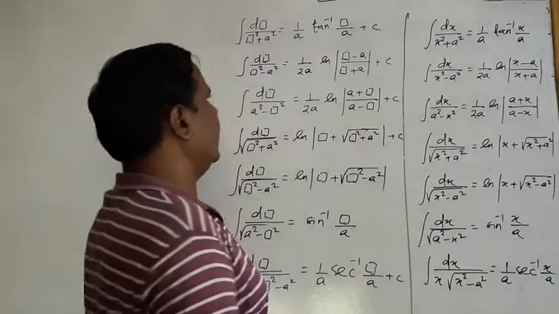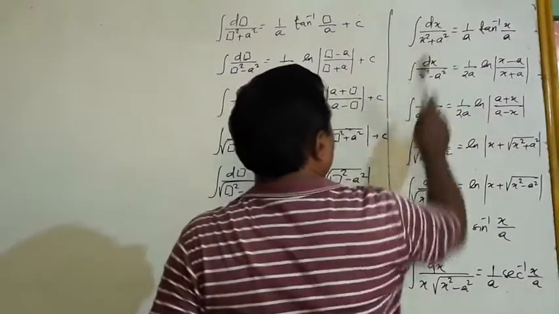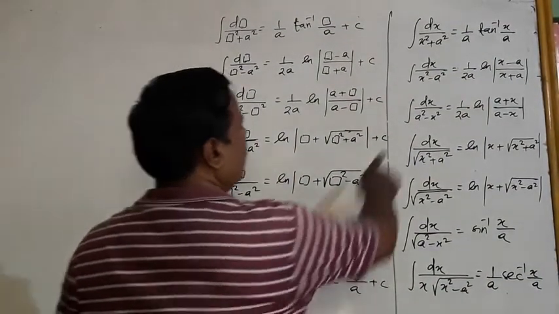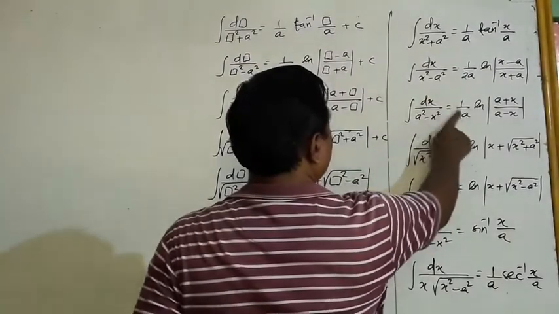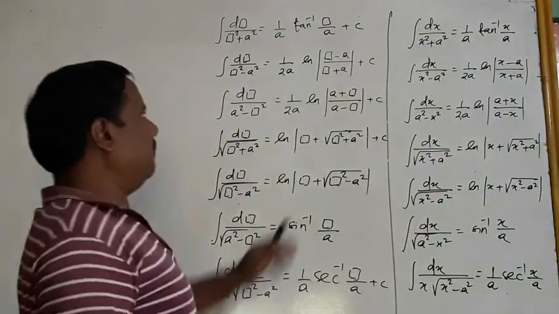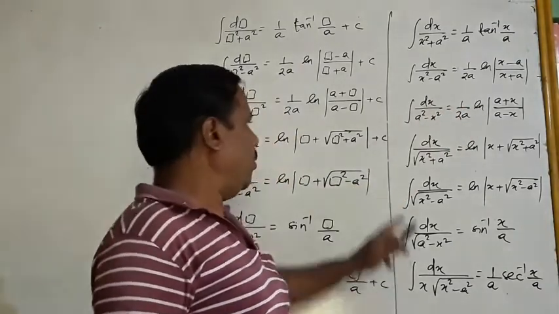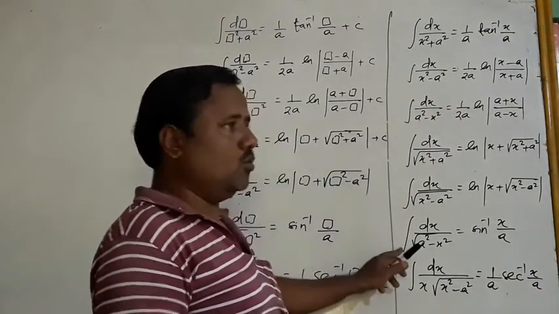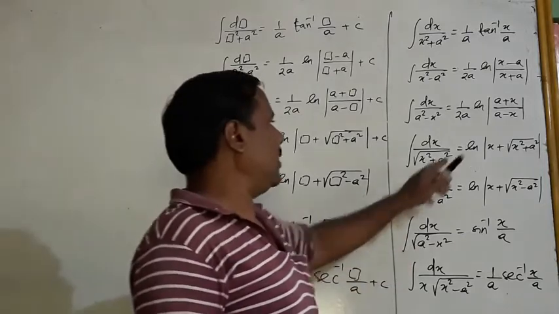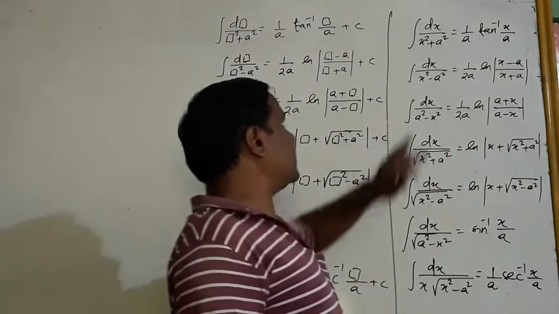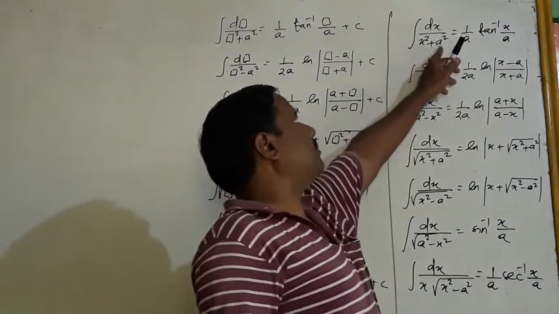Look here. Either 1 by a or 1 by 2a will be there. Mind it. Which formula has 1 by 2a? Where there is minus but no root over, there is 1 by 2a. Only root means 1 by a or 1 by 2a will not be there. So both special cases are x square plus a square.